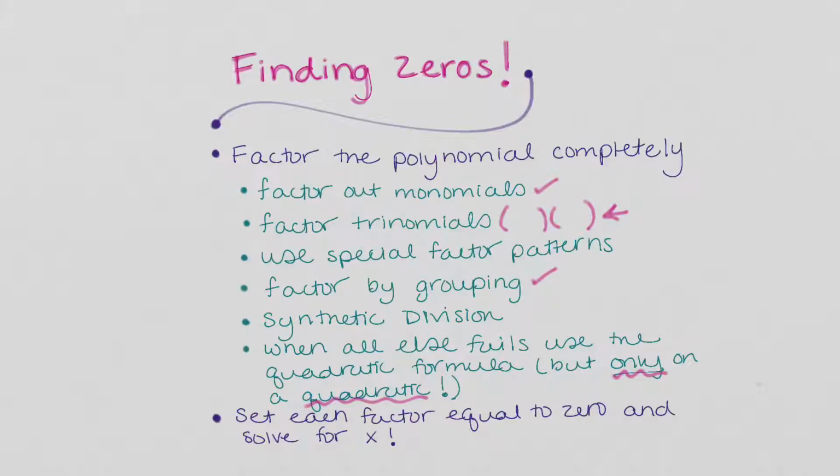So remember that all of those methods are valid methods to factoring a polynomial, and that in order to find zeros, we do have to have a factored polynomial. We do actually have to have equations that we can solve.